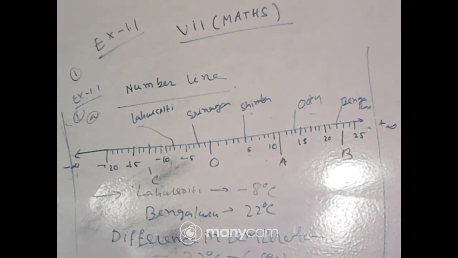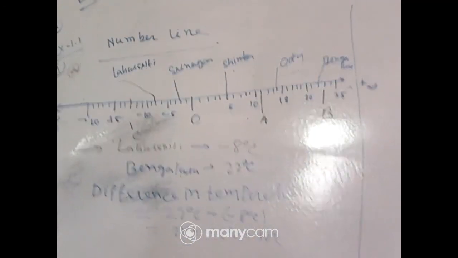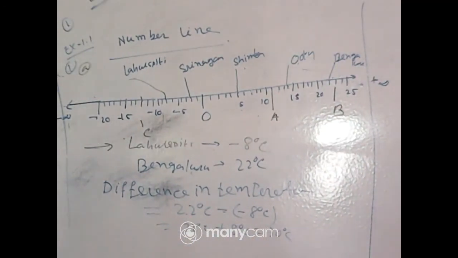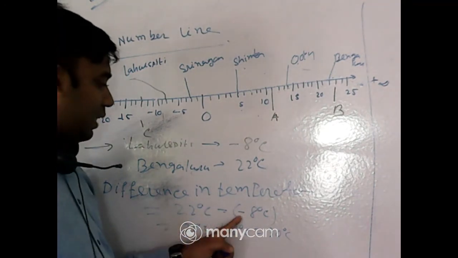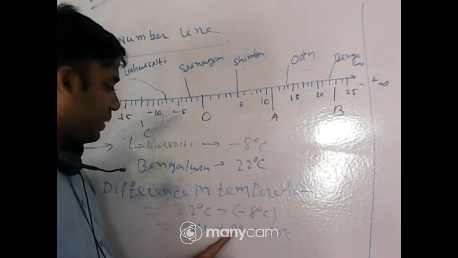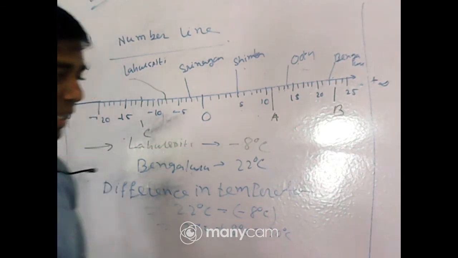Those who got it wrong, look at the calculation. I have told you difference means subtraction. Look at the board. 22 degrees Celsius minus minus 8, that is 22 plus 8, that is 30 degrees Celsius. I hope it is clear to everyone.